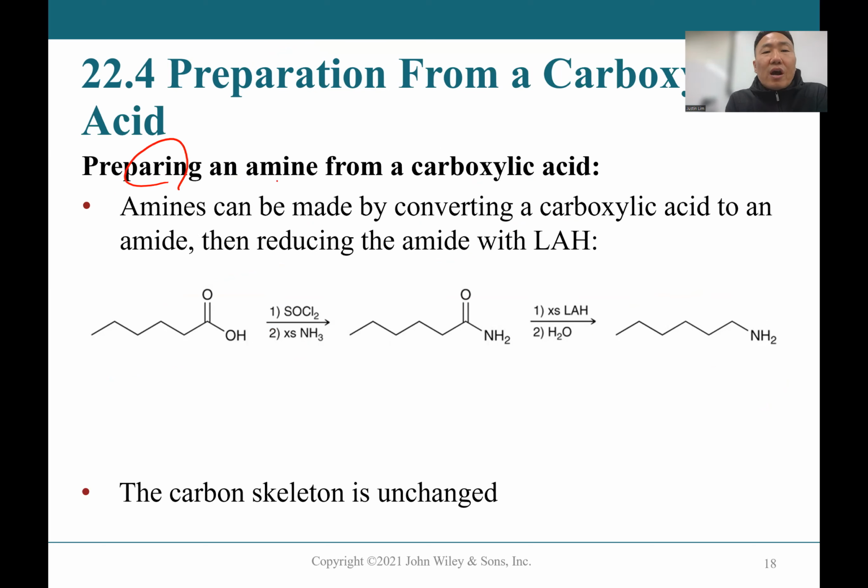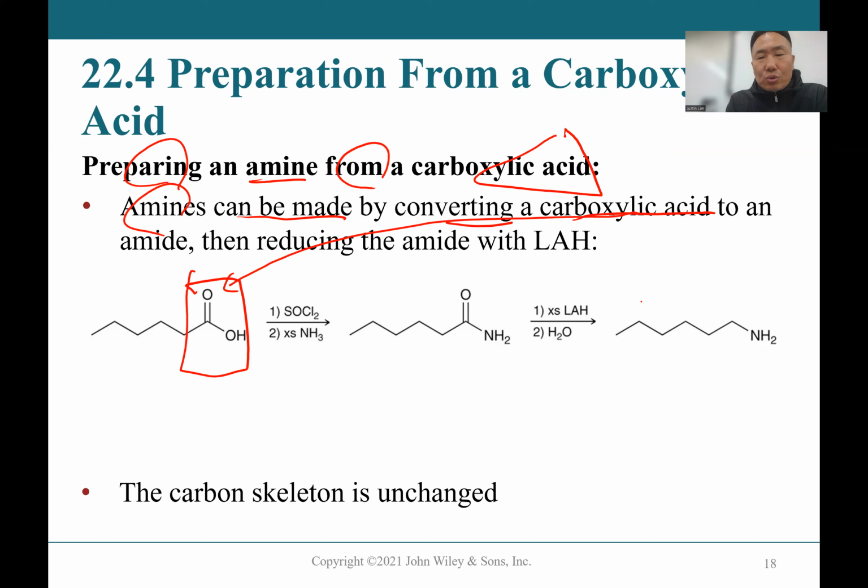So preparing an amine from a carboxylic acid. This is the carboxylic acid. An amine can be made by converting the carboxylic acid to an amide first, and then reducing the amide with lithium aluminum hydride.